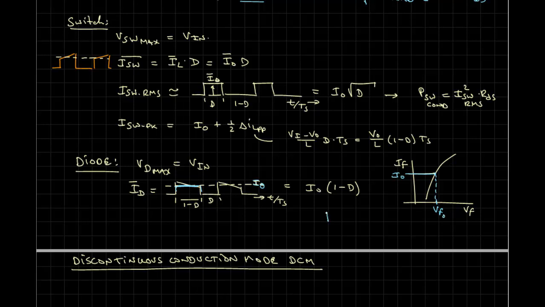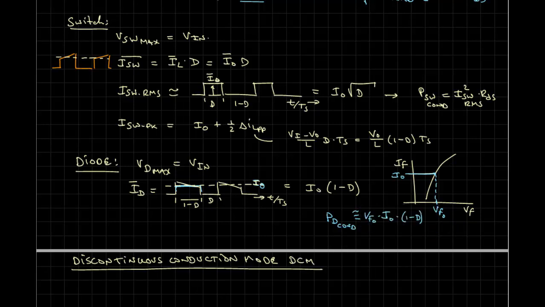Now the average P_diode conduction will be approximately V_F at I_O times I_O times (1 minus D), because you're losing this much power for a percentage of 1 minus D.